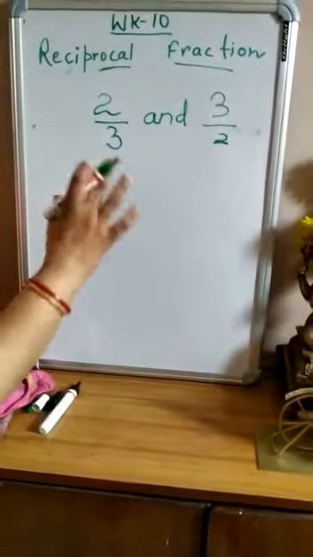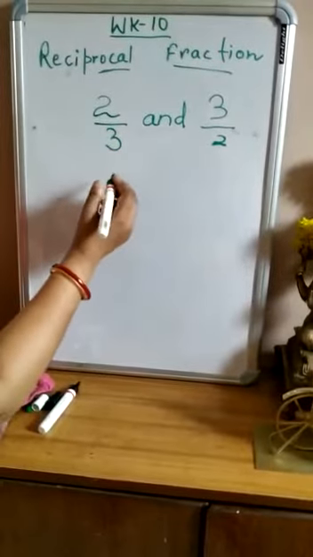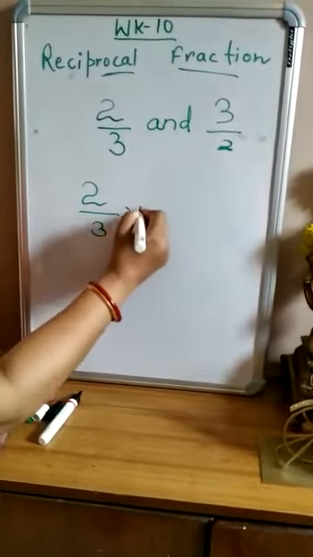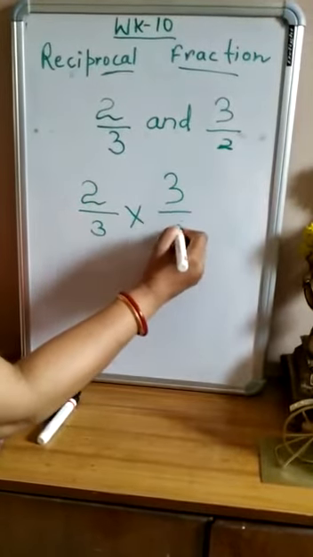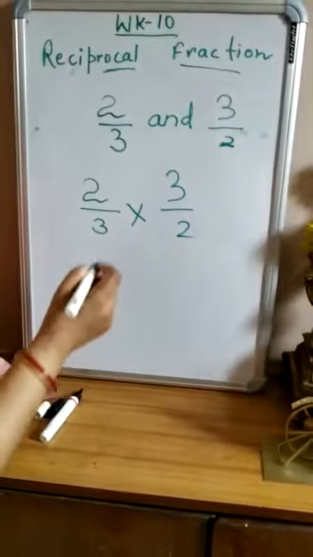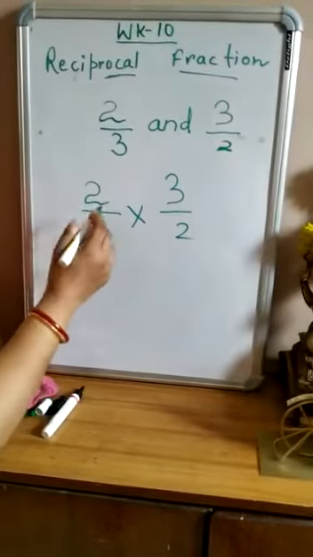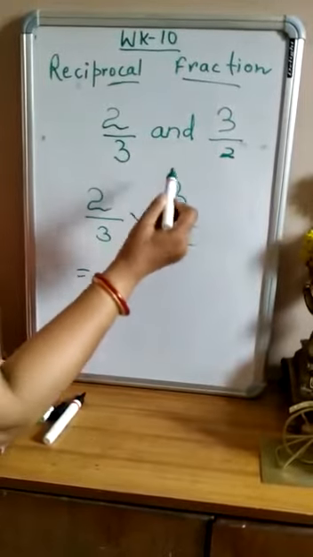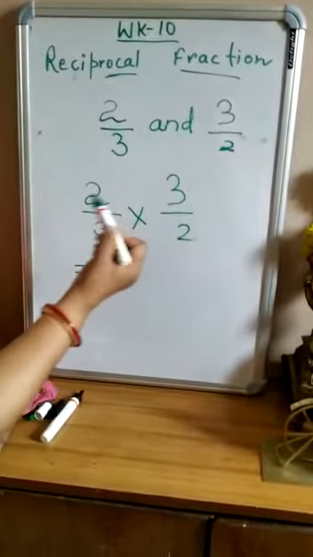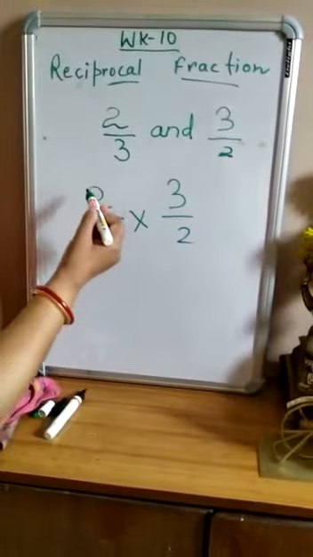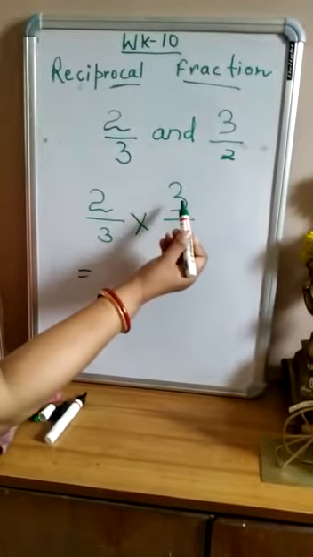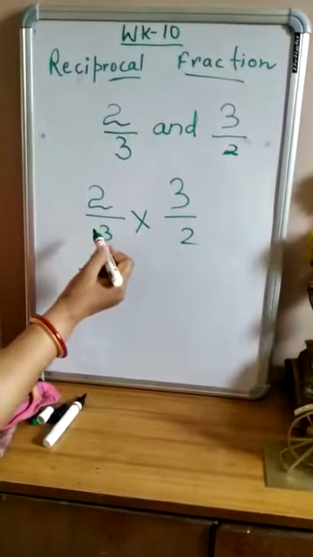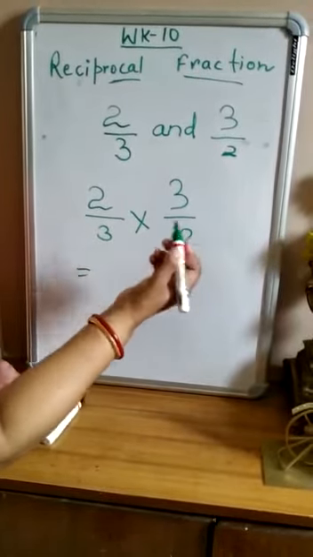Now let us multiply these two fractions. Let us multiply 2 by 3 multiplied by 3 by 2. How will we do the multiplication? When there is a multiplication operation between two fractional numbers, the numerator will be multiplied with the numerator of the other fraction, and the denominator will be multiplied with the denominator of the next fraction.